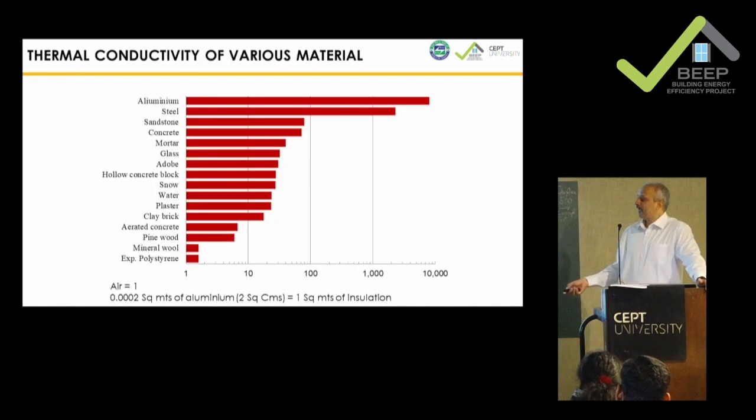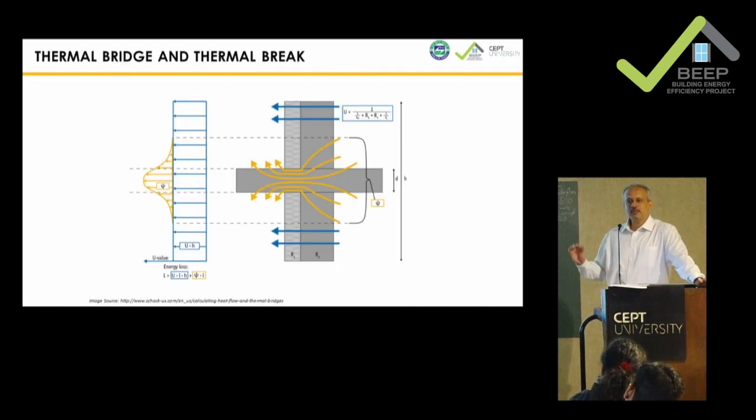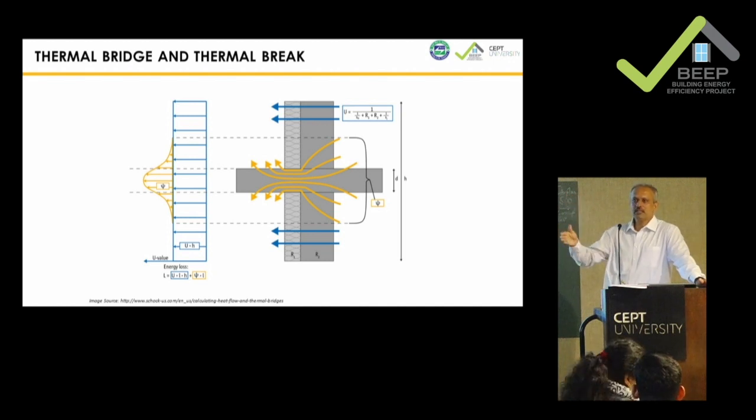Now if you understand that 2 square centimeter of aluminum can transfer the same amount of heat as 1 square meter of insulation, right? So thermal break and thermal bridge are sort of opposite. When you have a low conductive material in between, we call it a thermal break. When you don't have it, it is a thermal bridge.